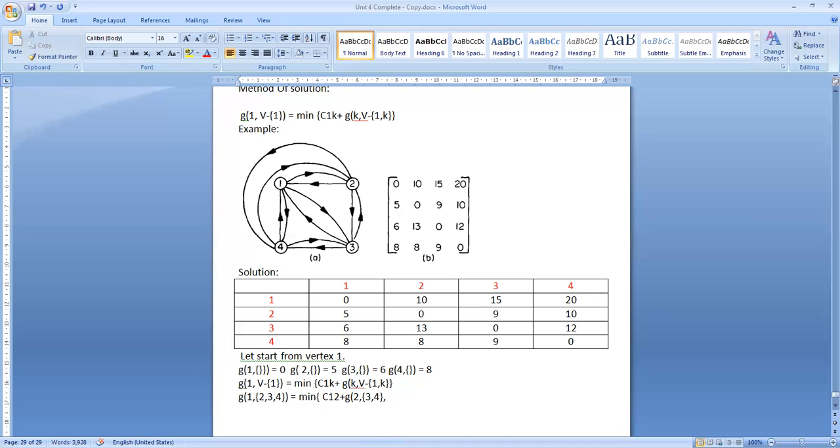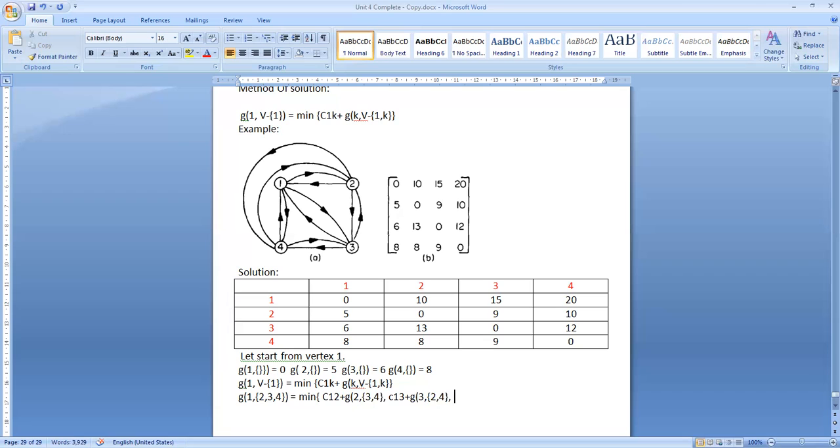Then from vertex 1 I can go to vertex 3: C1 3 plus g of 3 comma {2, 4}.